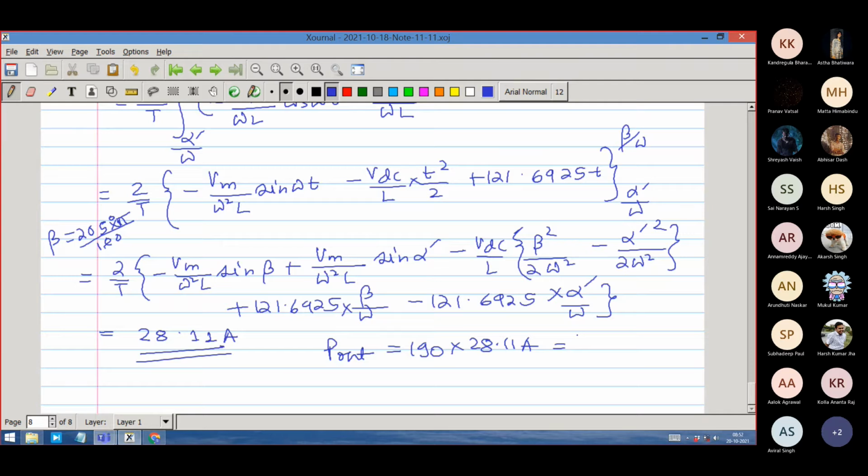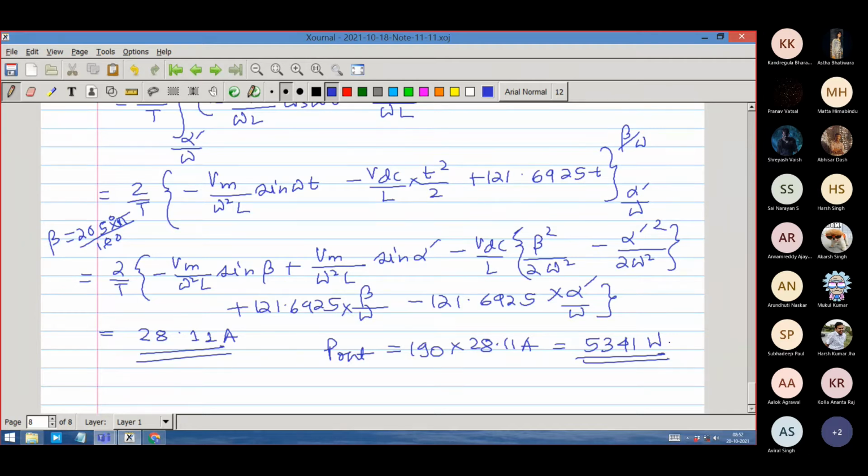So this is approximately 5,341 watt. Okay, so this is the way power transfer happens in the discontinuous conduction mode when there is no resistance.